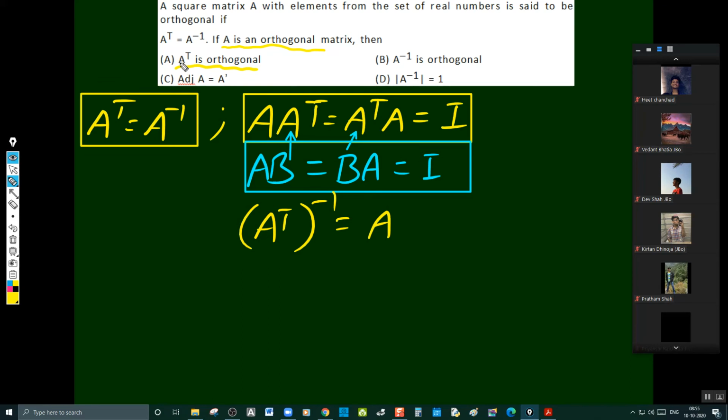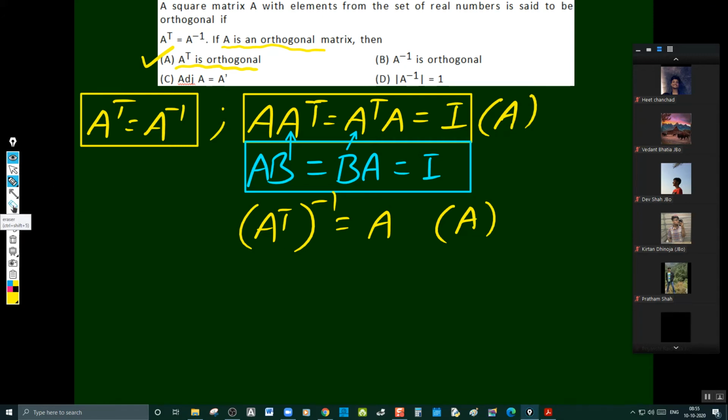Do you understand what I'm saying? So A is correct. Yes, sir. A is correct, but for the second option, whether A inverse is orthogonal or not is to be proved. From this one itself, we can say option A is correct.